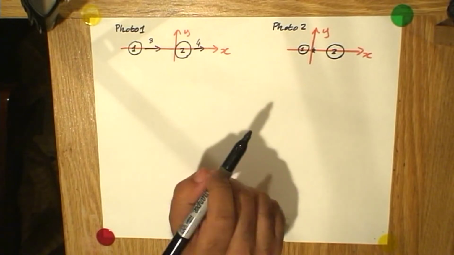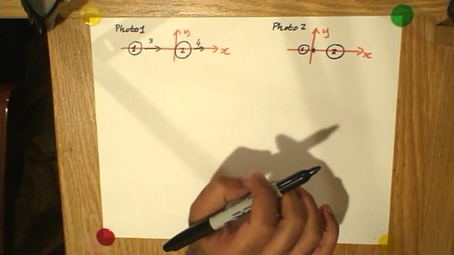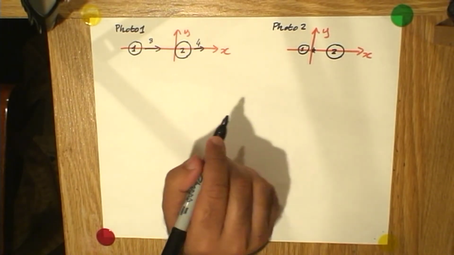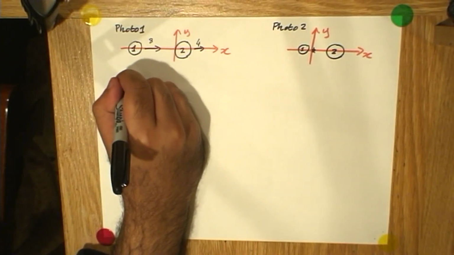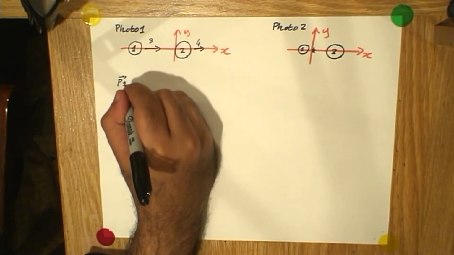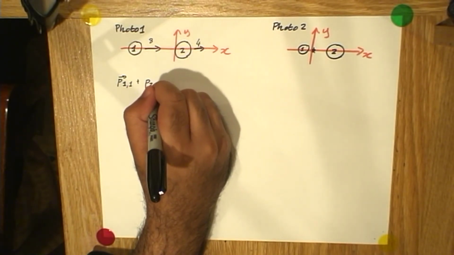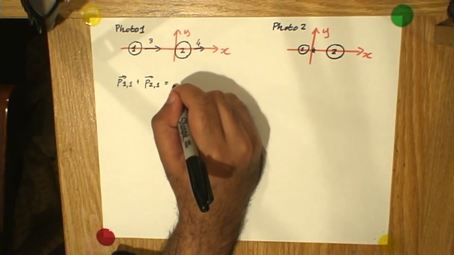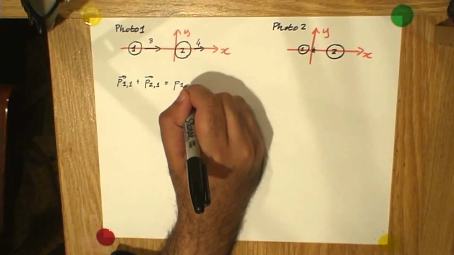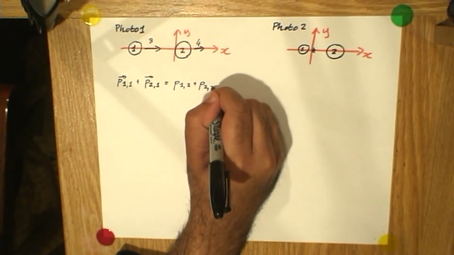Now, let us start applying conservation of momentum. Again, to save space, I'm going to skip a couple of steps here and there. I will say that the momentum of the 1 kilogram object in photo 1 plus the momentum of the 2 kilogram object in photo 1 must be equal to the momentum of the 1 kilogram object in photo 2 plus the momentum of the 2 kilogram object in photo 2.